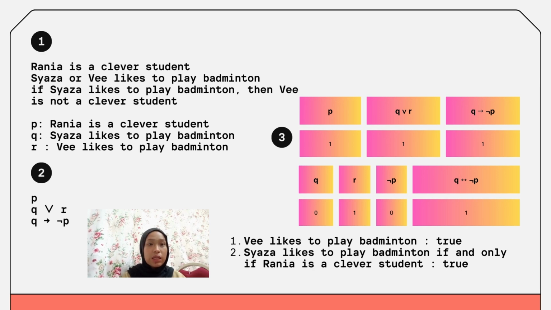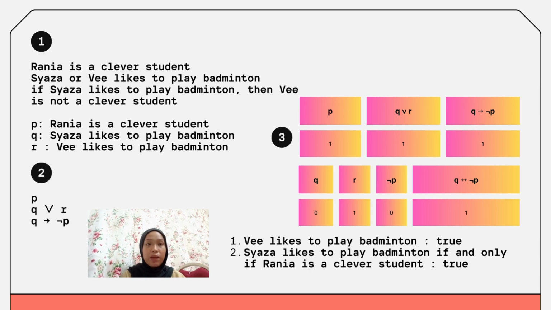The last step is the truth table. The truth value for P is 1. The truth value for Q or R is 1. Q implies not P is 1. The truth value for Q is 0. The truth value for R is 1. The truth value for not P is the opposite of the truth value for P, which is 0.